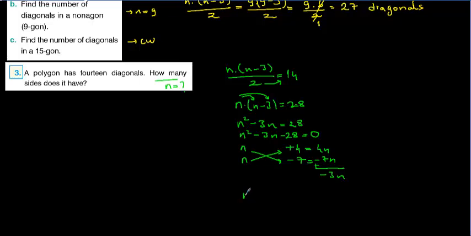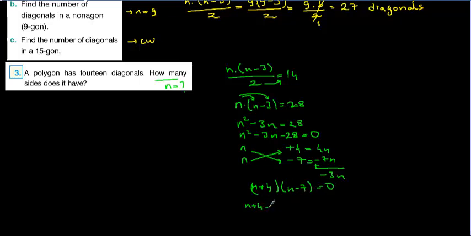Pardon, I made a mistake here. n squared minus 3n minus 28 means n plus 4 times n minus 7 is equal to 0.